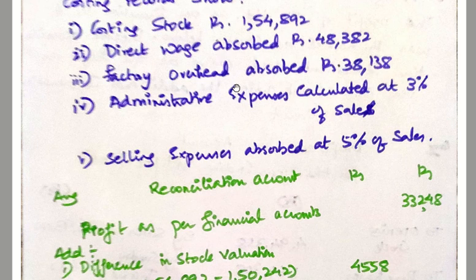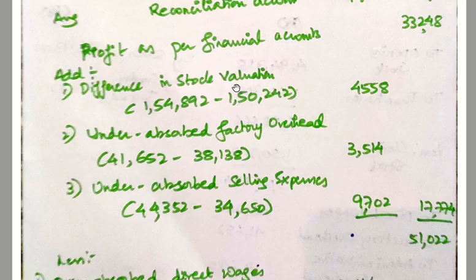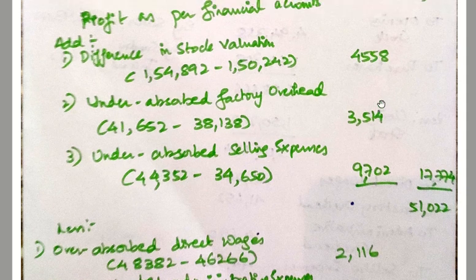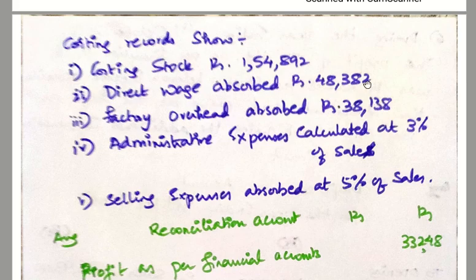When it is under absorption of overhead, you will minus it. Here we are inversing the method, so you will add it. So under absorption of factory overheads, which is 41,652 minus 38,138, which is 3,514.